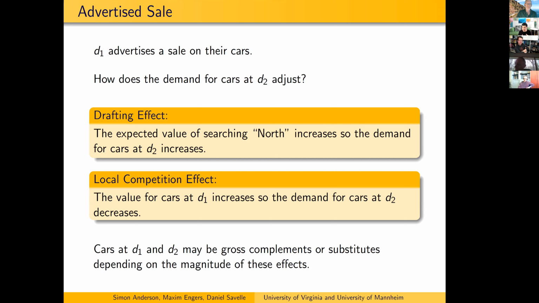Now, cars at dealer 1 and 2 could actually be gross complements if drafting effects dominate, even though only 1 car is being purchased at the end of this process. So depending on the magnitude of these effects depends on whether closely located products are complements or substitutes.